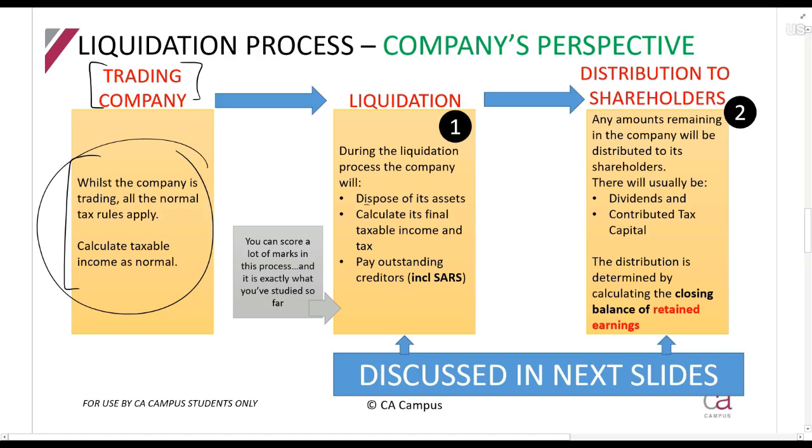So your first thing is you're going to sell all of your assets and do the normal tax calculation. You are then going to be left with the amount which is available for the company to distribute to its shareholders.